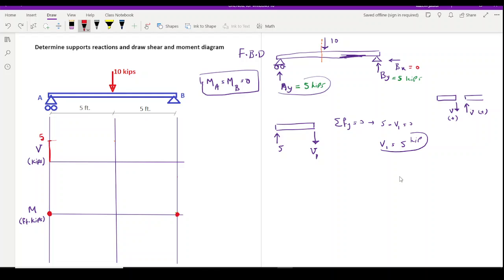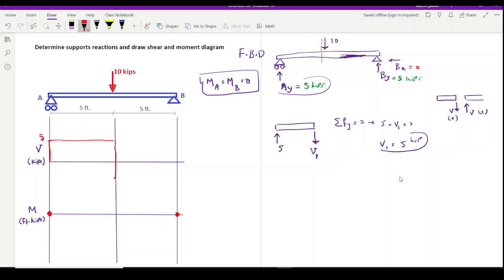For now, we know that at point A, V is equal to the support reaction, and it's positive because I don't have any other forces all the way till 10 kip. So it means that this 5 goes all the way till 10. Then you can see that 10 is pushing me down 10 kip. So I have 5 in here. That means that I need to go all the way down another 5.